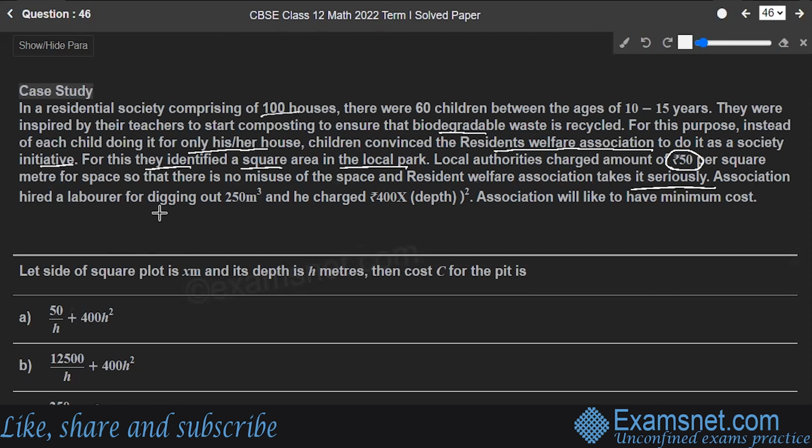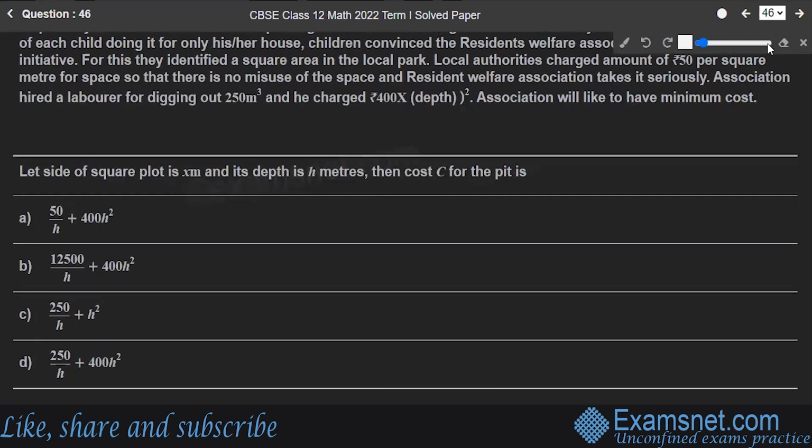The Association had a laborer for digging out the 250 meter cube, like a hole, and he charged rupees 400 times the depth square. The Association would like to have the minimum cost. Now the question is, let the side of the square plot be x meters and the depth h meters. What will be the cost C for the pit?